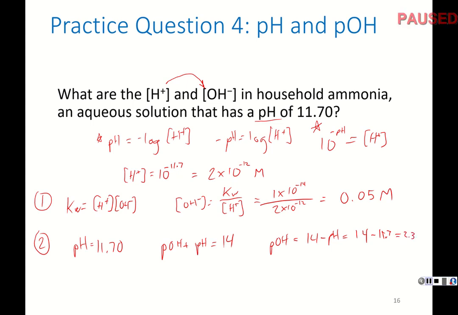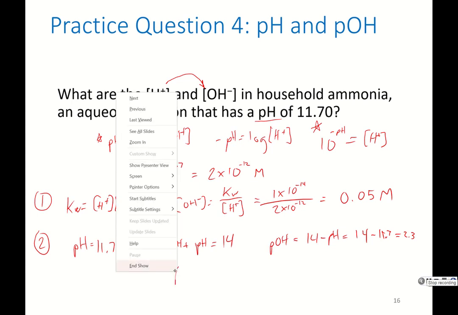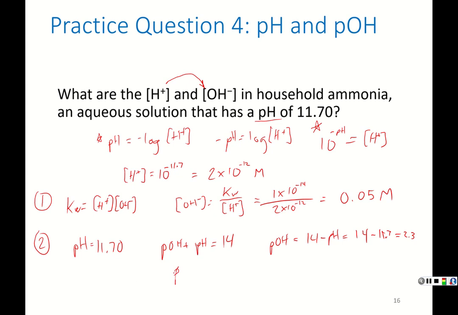Now we have the pOH. We know pOH equals negative log of OH minus.